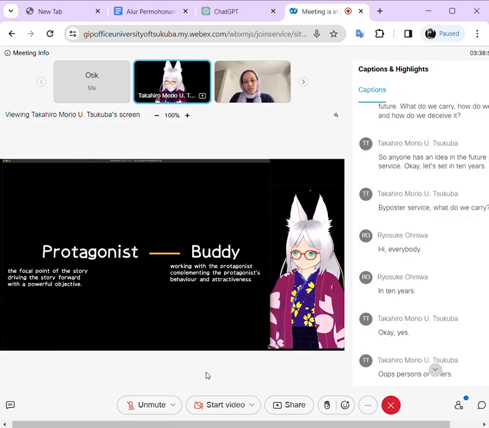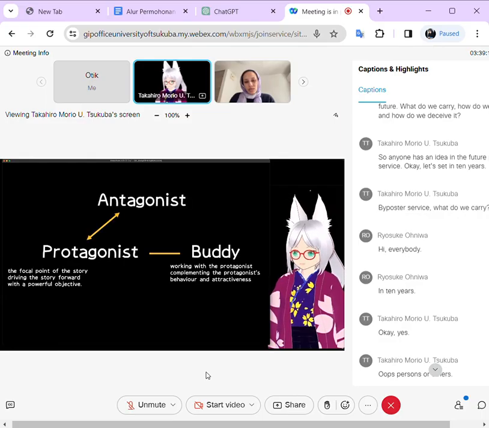In many cases, the buddy has a quite different character or inner self from the protagonist. By the difference of characters and features, the story will be interesting.